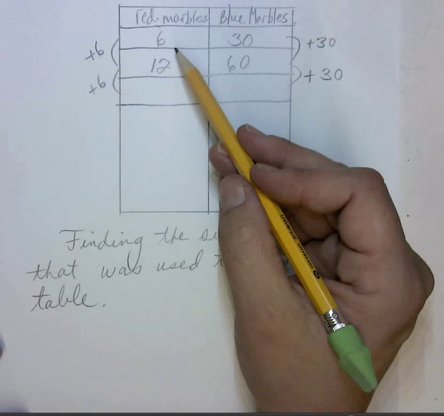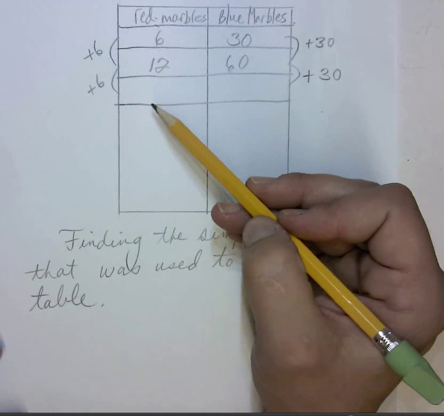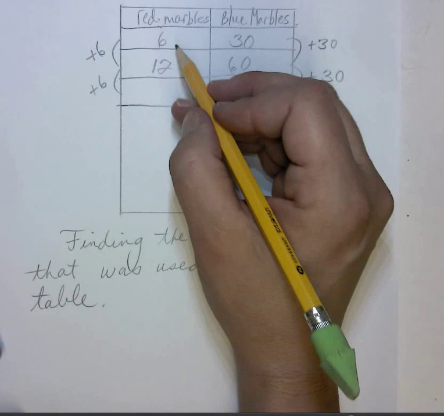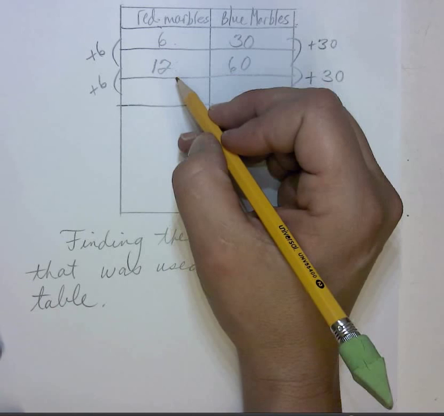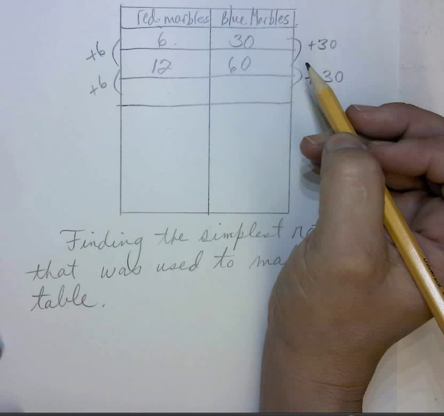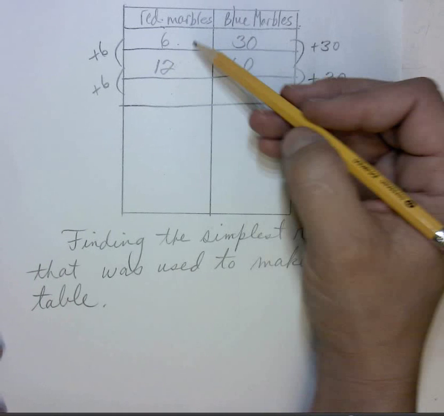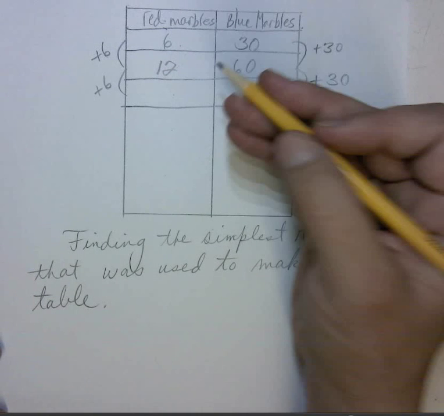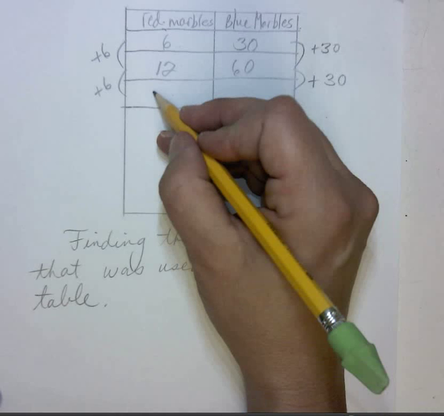It seems like if you were to skip count by 2 here, doing 6, 8, 10, 12, that confuses you. So if you want, you can just skip count by 6s every time, and then skip count by 30s every time. Okay? So this next one will be 18, and then this will be 90. So we're going to just stop there.